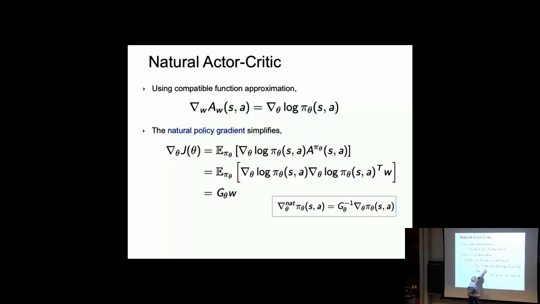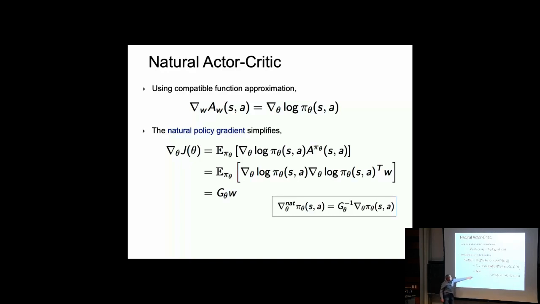And now that I've written it this way, you can see that this quantity is what I defined as the Fisher information matrix. And so now the gradient with respect to pi is just going to be the Fisher information matrix for theta times w, which are the parameters of the advantage function.